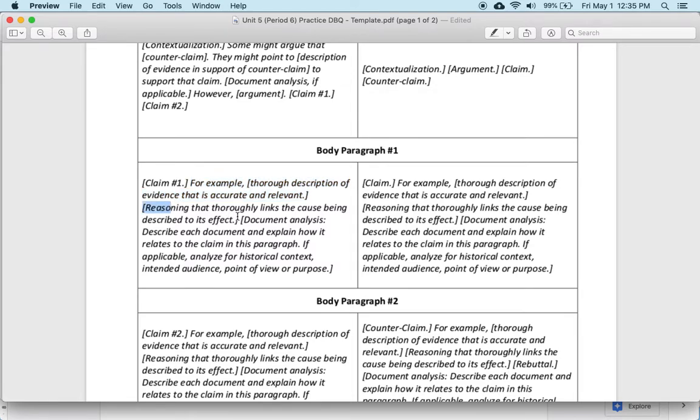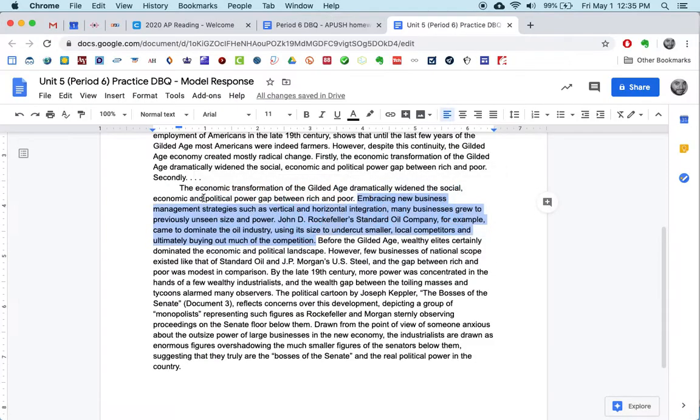Reasoning. This is where a lot of students lose points. So far, I've made a claim about the economic transformations and how it widened the gap between rich and poor. I provided one example of that. But my job is to prove that this is a change. I haven't done that yet.